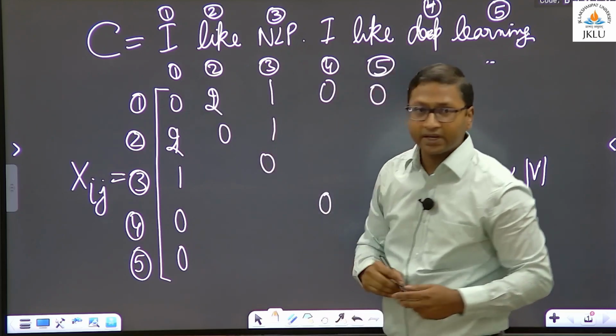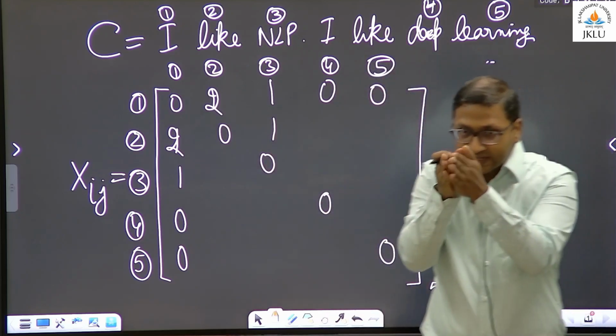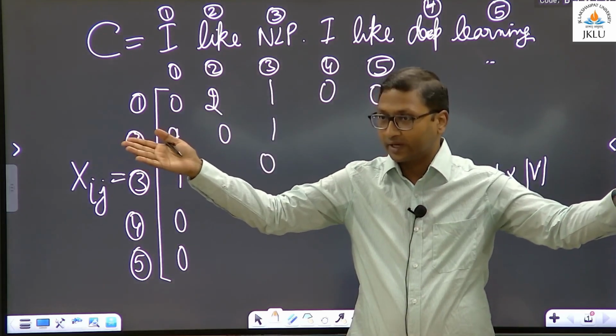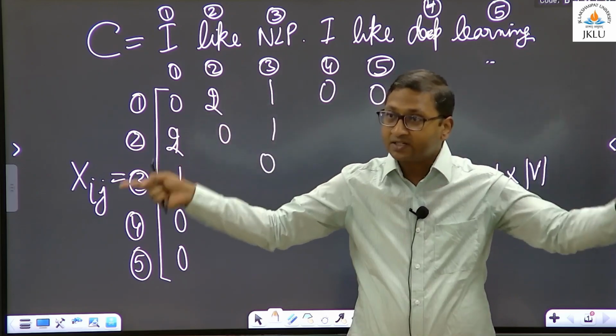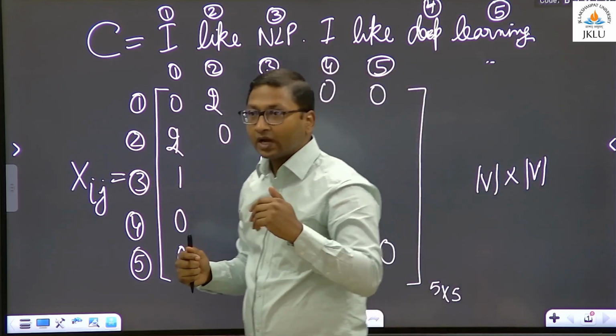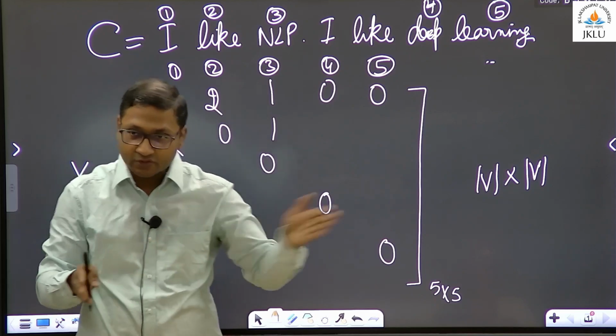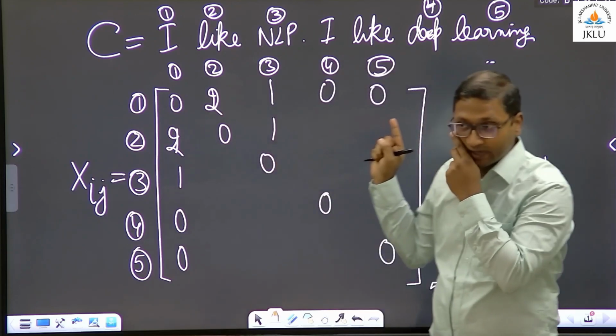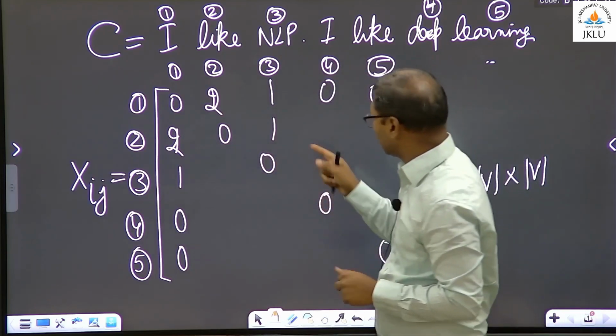Why is this symmetric? Because we are saying center word and both sides are context. If you take different context on each side, or if you say I will take context only as the previous words or only as the later words, in that case, will this matrix be symmetric? It won't be.